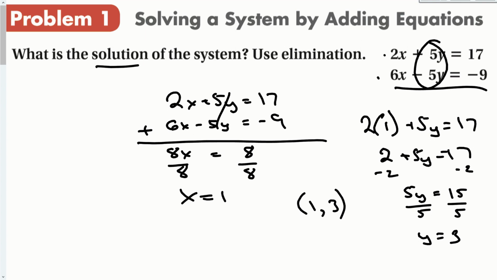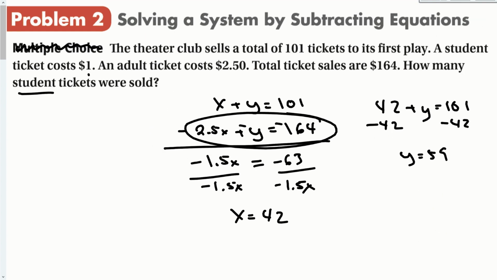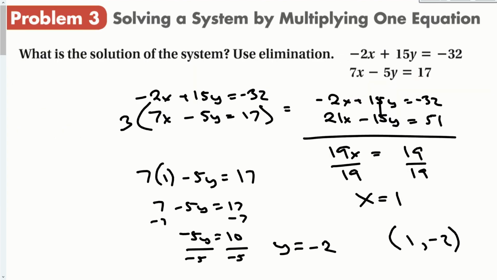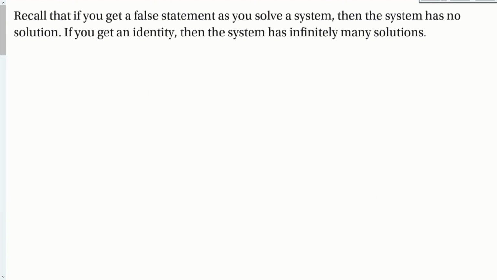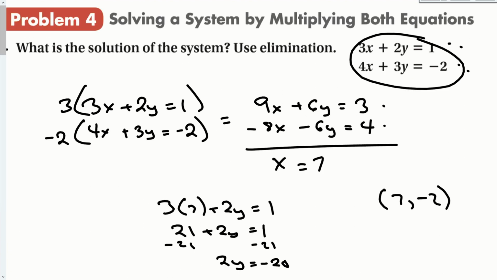Multiply one of the equations by something. That's your next step, which is an equation that looks like this one. Try to multiply only one. If you can't multiply only one, then you're left with multiplying both of them, the top and the bottom one.